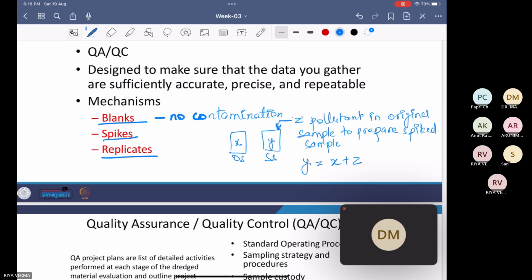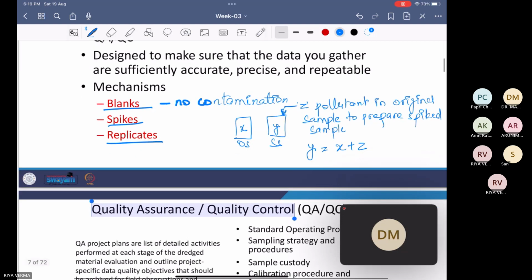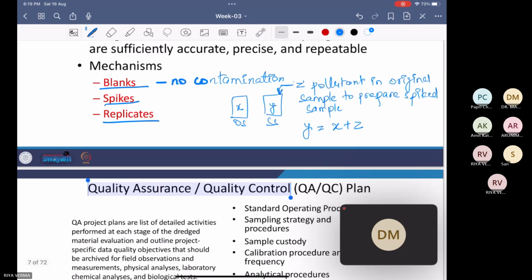We can test both samples and compare the values, measuring directly from the instruments and then comparing them manually to check the efficiency of the test, how correct our test is. Then we can also have replicates.